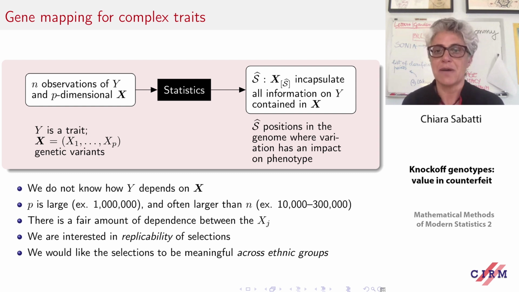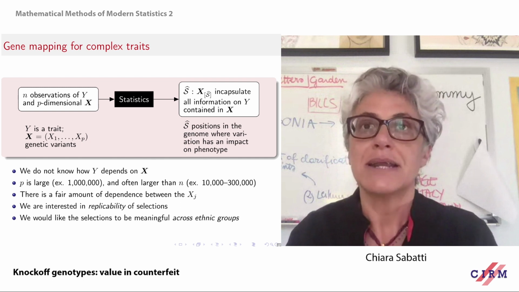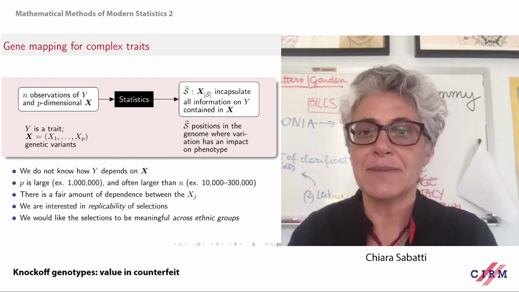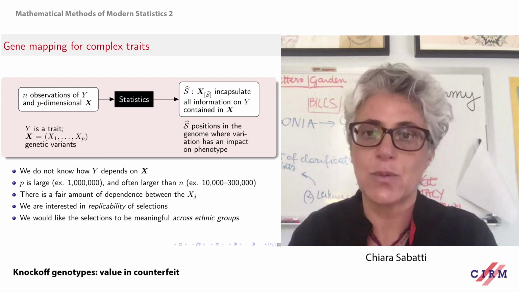As we tackle this problem, we have to remind ourselves that there is a fair amount of dependence between the X's, and that we want to solve this problem in a way that guarantees us replicability in the selections. Selecting the right positions in the genome is very important for the type of medical application one has in mind.